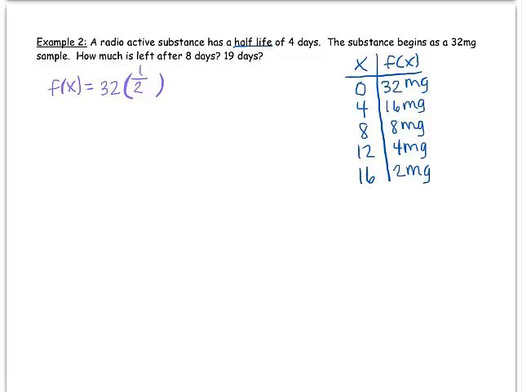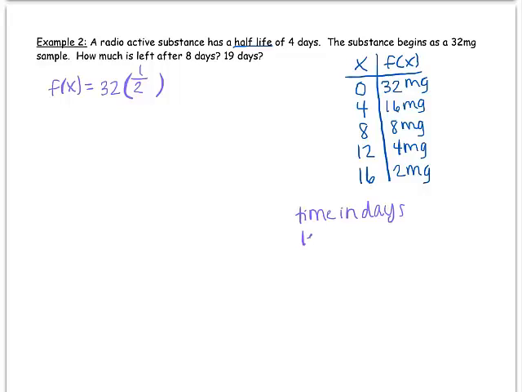Now, we have to be careful because there's a difference between time in total and when this substance actually gets cut in half. So I have 2 parts to my exponent here because I have the time in days, but that's not necessarily the same as how often the substance gets cut in half.